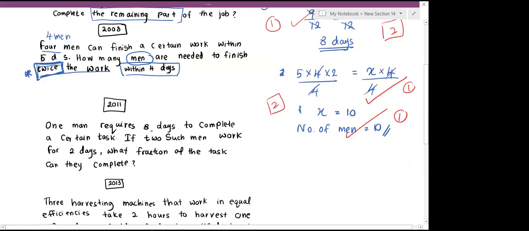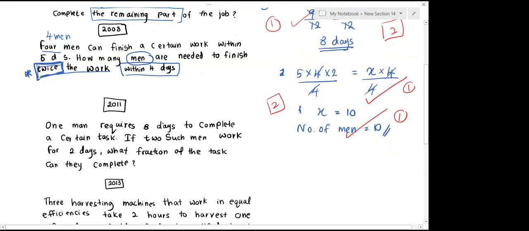One man requires 8 days. එක මනුස්සයෙක්ට කොච්චර දවසක් ඕනෙලද? 8 days to complete a certain task. වැඩක් ඉවර කරන්න දවස් 8ක් ඕනේ. එතකොට පුතේ එක මනුස්සයෙක්ට දවස් 8ක් ඕන කියලා එකෙන් අපිට හම්බ වෙනවා මොකද්ද? Magnitude of a task, no? If two such men work for 2 days, what fraction of the task can they complete?